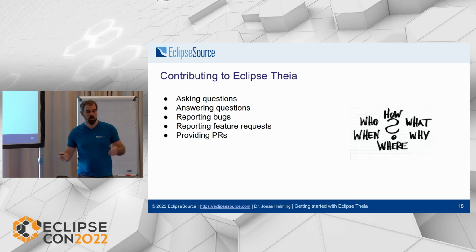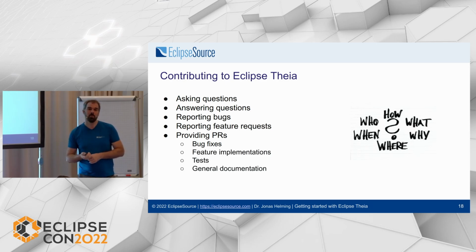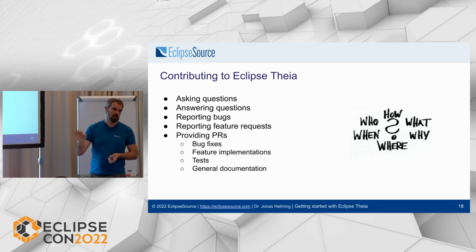If you have the ability to, please provide pull requests and fix features and bugs. And also tests, if possible. And of course, we're also happy if you improve the documentation. That's a typical first contribution. Somebody reads the documentation, is fine with it, but finds one little error there. It's really appreciated if you directly fix it, or at least tell us.